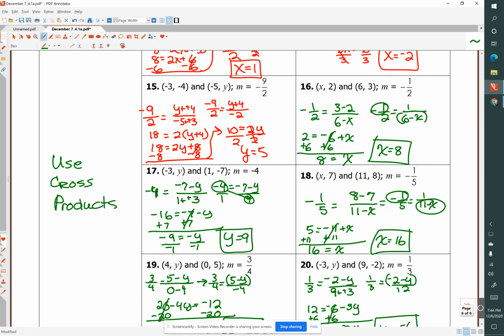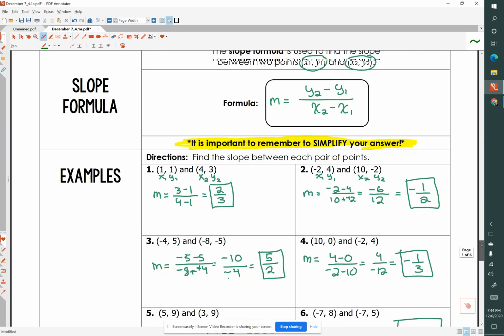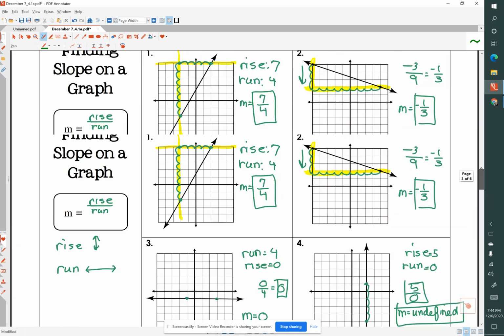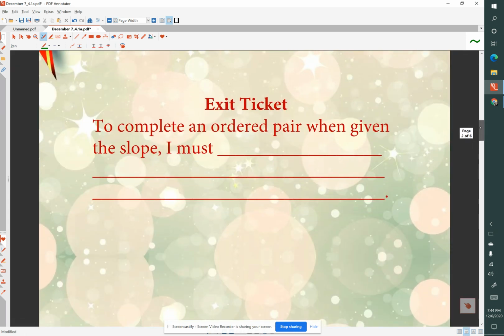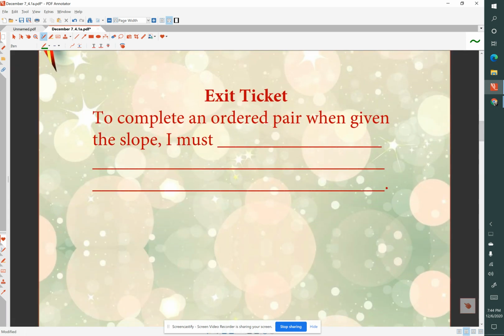Okay, so there's your introduction to slope. Let's go back to our exit ticket. To complete an ordered pair, when given the slope, I must build a proportion using the information I have, or that I am given.